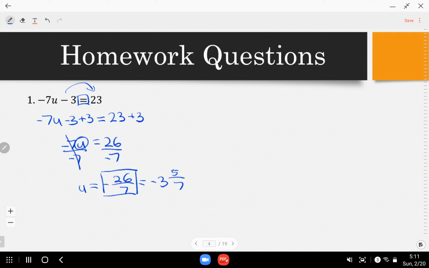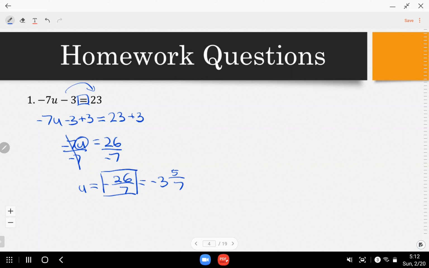Negative 26 divided by 7 is going to be a pretty long decimal, negative 3.714285, and it keeps going. If you approximate that, you're not going to see the end of it, and that's not an exact answer. So you want to leave it in fraction form, where it is an exact answer.